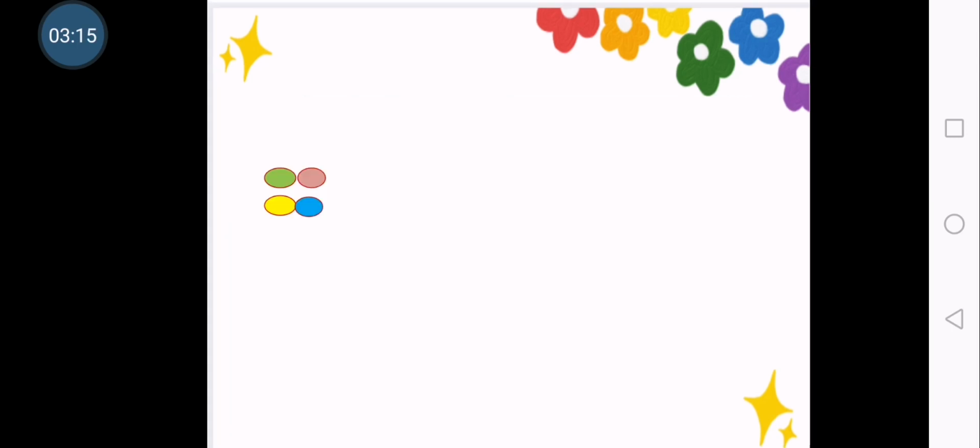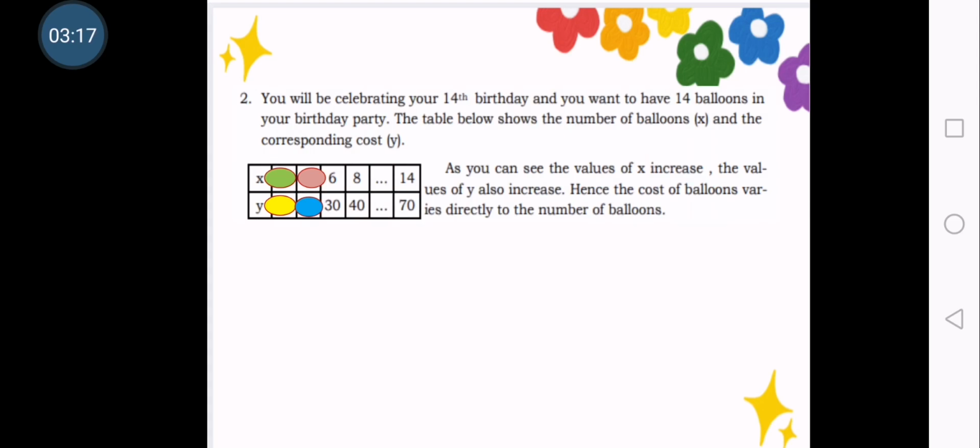Okay? Next. So, assuming that you are going to celebrate your 14th birthday and you want to have 14 balloons on your birthday, the table of values shows the number of balloons. So, yun po yung nasa x. And then, ang value of y, so that is the corresponding cost.